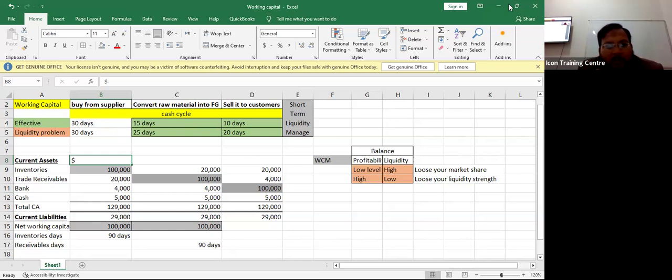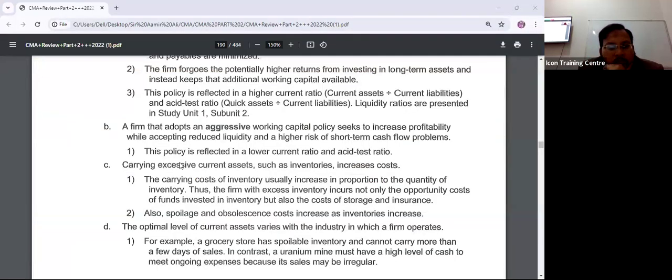Now a firm that adopts an aggressive working capital policy seeks to increase profitability while accepting reduced liquidity and a higher risk of short-term cash flow problems. Right? So this policy is reflected in a lower current ratio and acid test ratio, right?